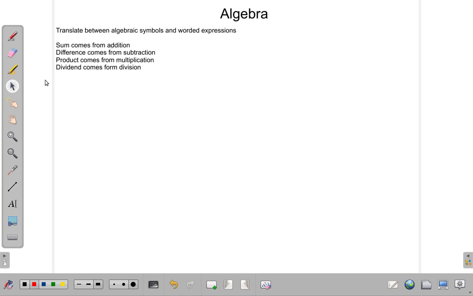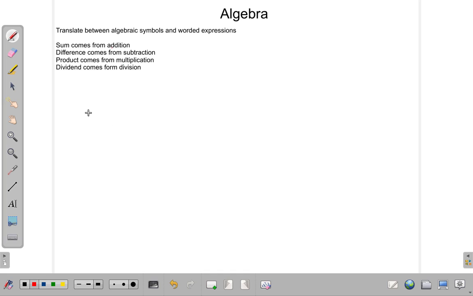Now, let us look at a few translations. We're going to look at the plain old English expression, then you translate it into algebraic expressions. All right?